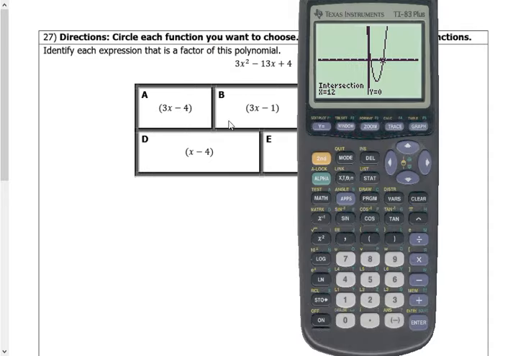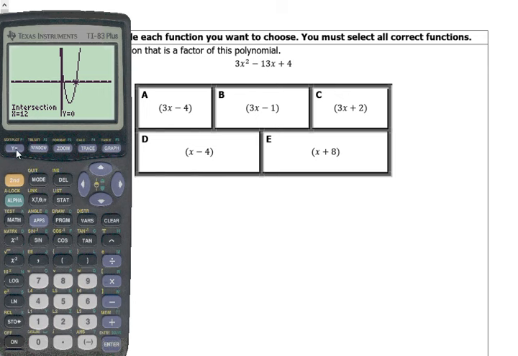So let's do the same thing. Okay, and I'm still zoomed out from my last one. So let's go to zoom standard. And we can see here, this one's right on the dot, but this one's not. So it looks to me 1, 2, 3, 4, that x equals 4 is a solution.